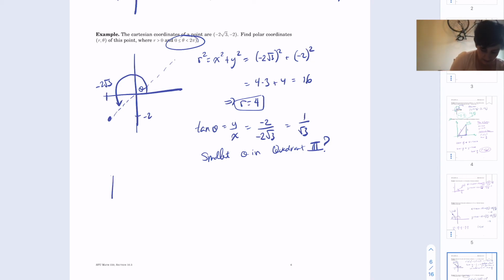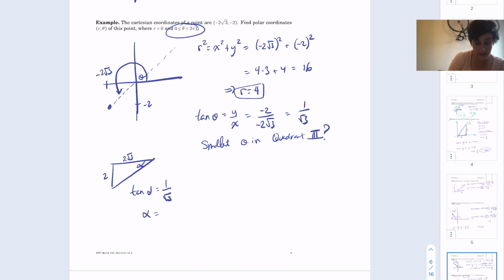So just to draw a little triangle to give us an idea about what's going on here. Let's look at this angle, this little alpha. Okay. If this was 2 root 3 and this is 2, well, tan of alpha is equal to 1 over root 3, and we can find the arctan function and get that alpha is equal to pi over 6. But that's actually this far, right? Pi over 6. We need to add on pi to get our proper theta.